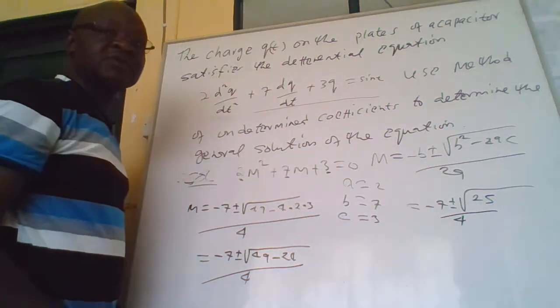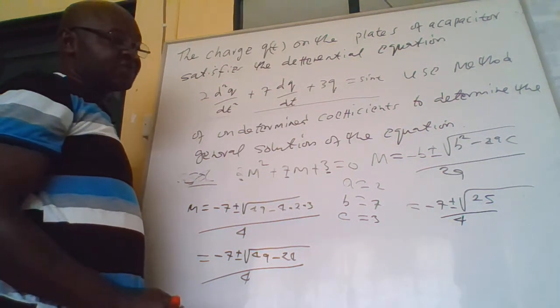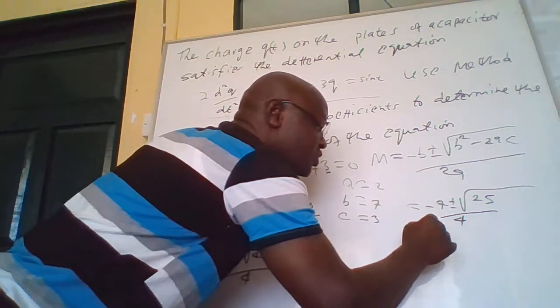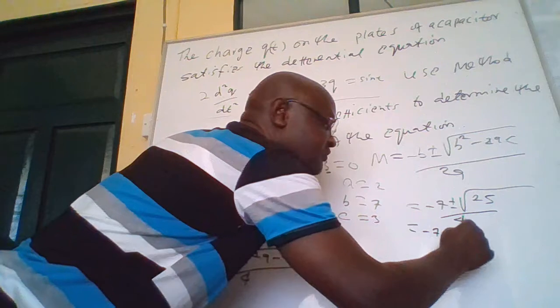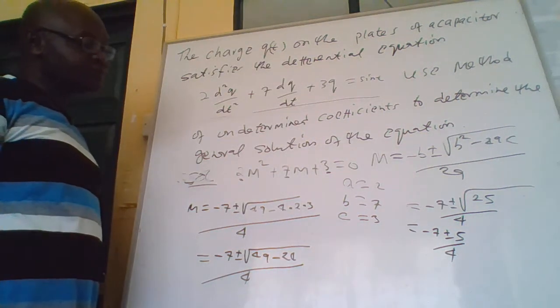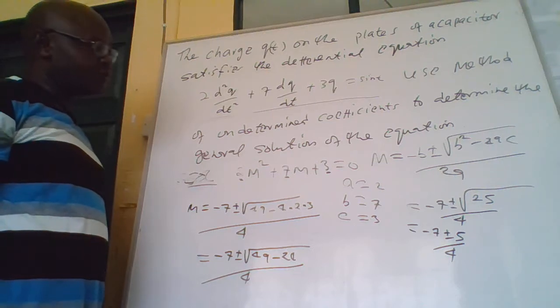The square root of 25 is ±5. So this equals (-7 ± 5) / 4.